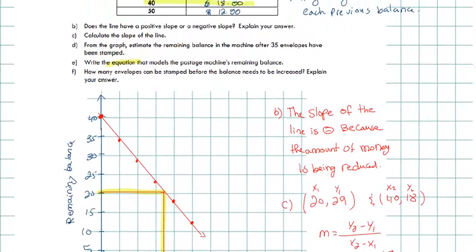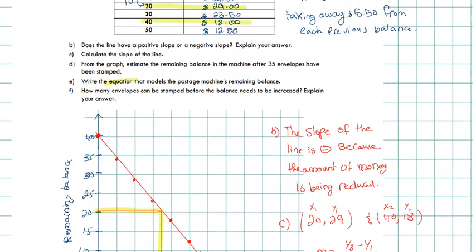How many envelopes can be stamped before the balance needs to be increased? What do you think I can do? You take the 12.5 and you keep minusing 5.5 from it until you can't take away 5.5 anymore, and then you take away 0.55 until you can't anymore, and the number of times you can do it is your answer.